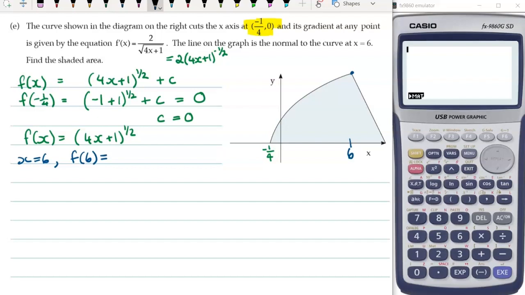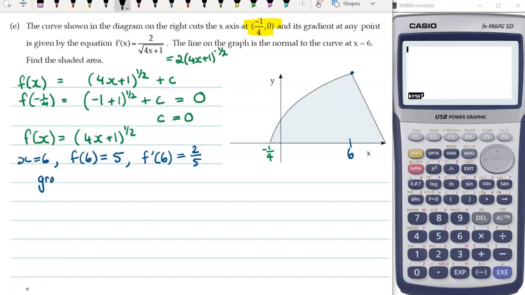So 4 times 6 is 24, plus 1 is 25, and then we square root it, so we've got a y coordinate of 5. We can also find the gradient when x is 6 by putting it into this original function that we were given. So again, 4 times 6 is 24, plus 1 is 25, square root that, we have 5. So the gradient is 2/5.